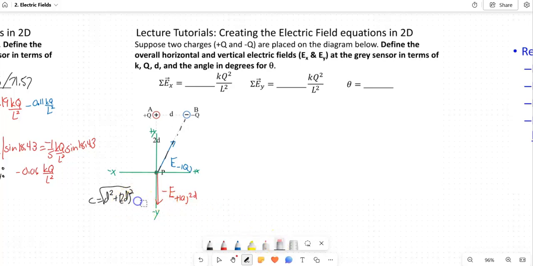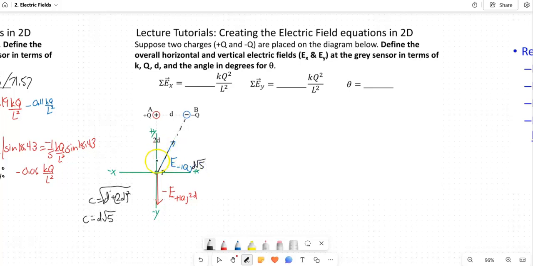So c is going to be d square root of 5, right? You got 5d squared square rooted. I'm just taking the d to the front. So this is going to be d square root of 5.